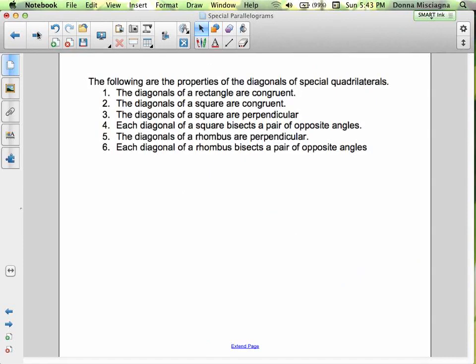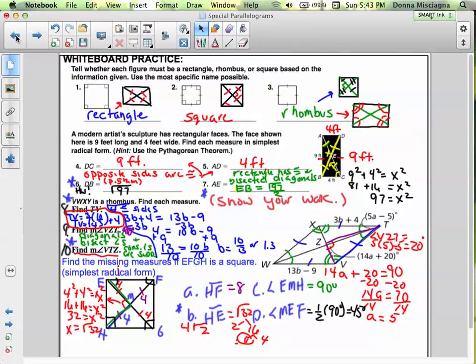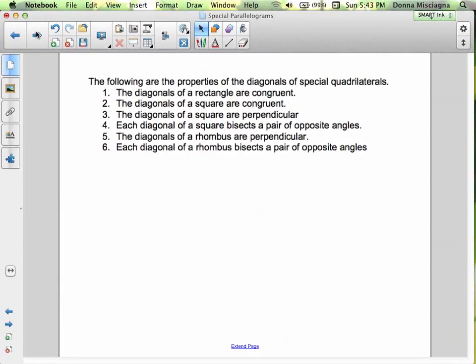Last page. The following are the properties of the diagonals of a special quadrilateral. So we saw a lot of using diagonals here when we were looking at proving rectangle, square, and rhombus, figuring out the measurements. The diagonals of a rectangle are congruent, and because a square is a type of rectangle, diagonals of a square are congruent. The diagonals of a square are perpendicular.